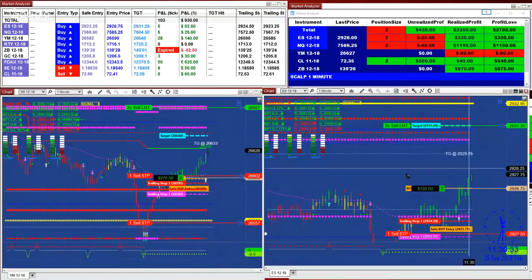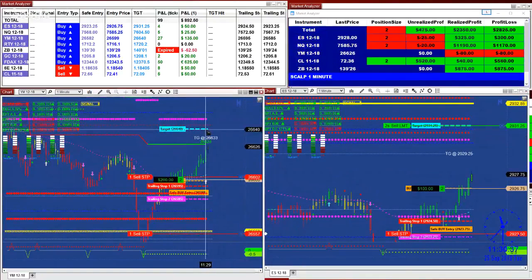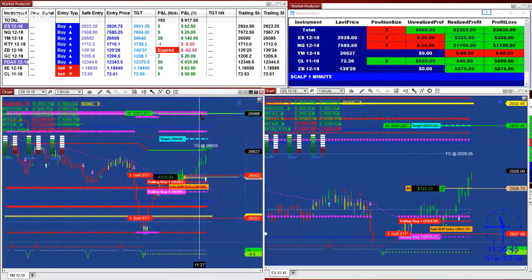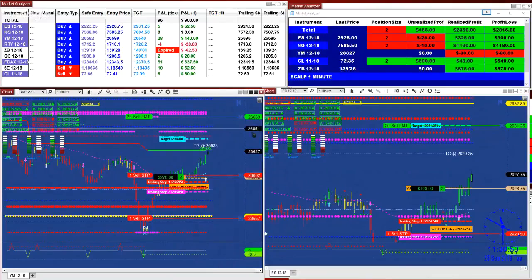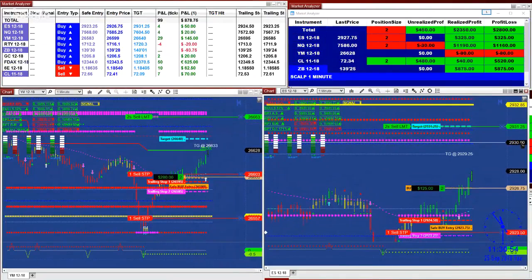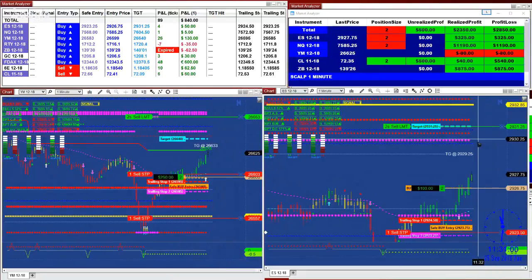Here we go. The target on the YM is 66.40. That will give you 40 ticks. And if you want to jack it up a little bit, you can do that by putting it at 663. The problem is with the ES.